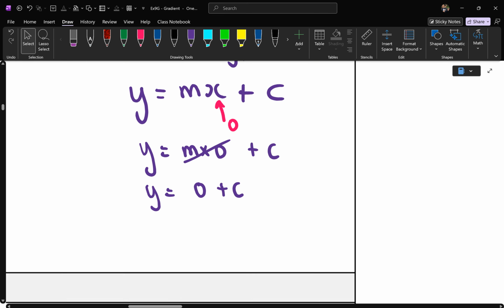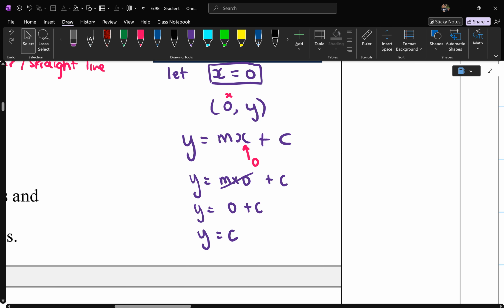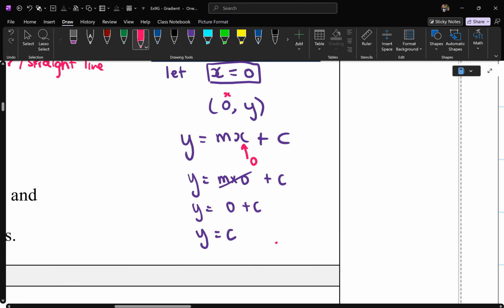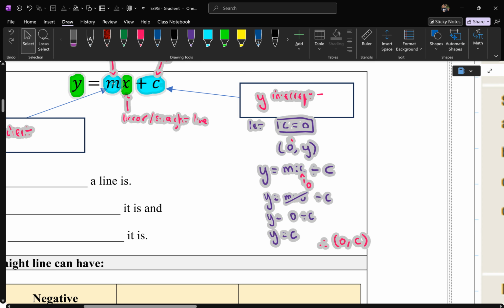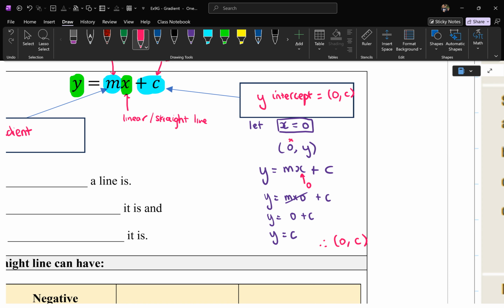And 0 plus c gives you y equals c. And what does that mean? That just meant that you found out when x is equal to 0, the y-coordinate will equal to c. So the y-intercept will always be 0 and whatever the number of c is. That's why we call it the y-intercept. Okay? So whatever number you put for c, it's going to be the y-intercept.